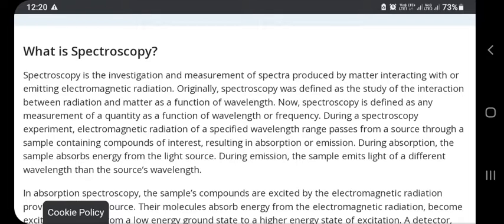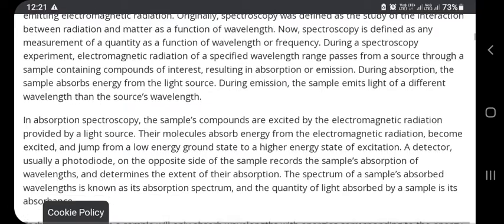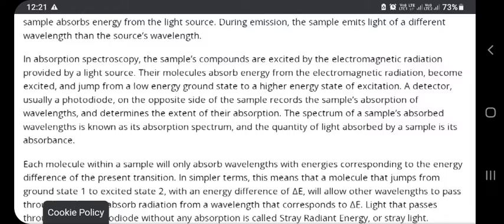This absorption of the sample corresponds to the light source, and emission corresponds to the nature of the molecules. Both are represented by the difference in the wavelength of the source and emitted spectra. Based on this aspect, we have two spectroscopies: absorption spectroscopy and emission spectroscopy.